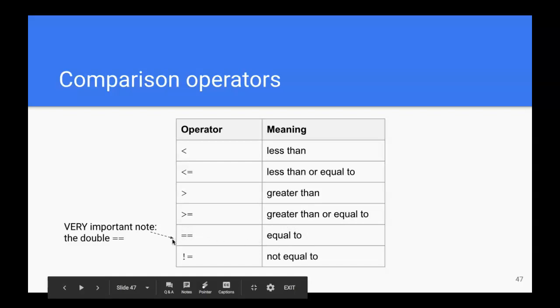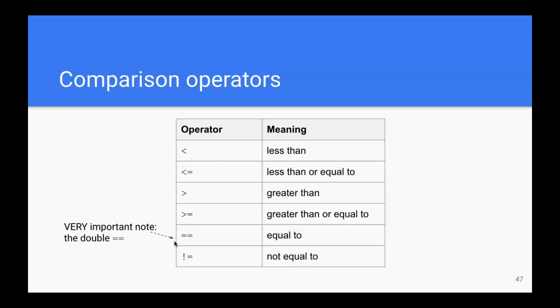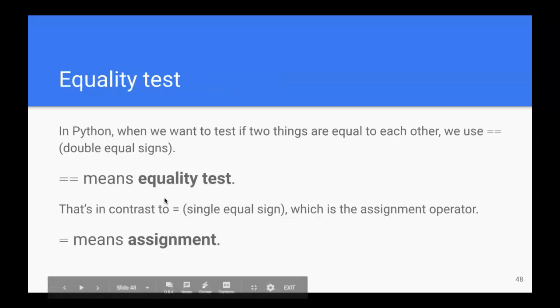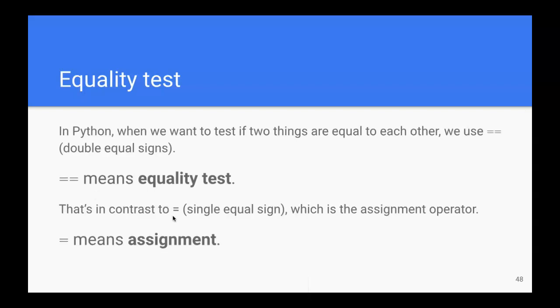It uses two equal signs. Okay, it's very important. When you want to test if two things are equal to each other, you want to use two equal signs. That is in contrast to a single equal sign, which, if you remember, is the assignment operator.